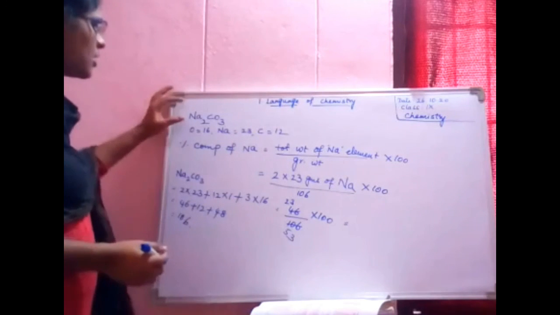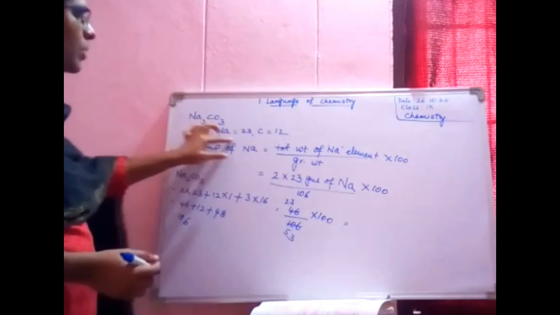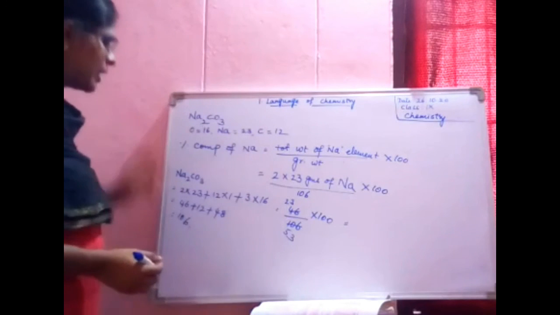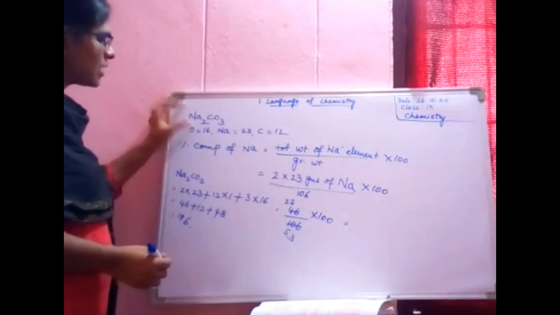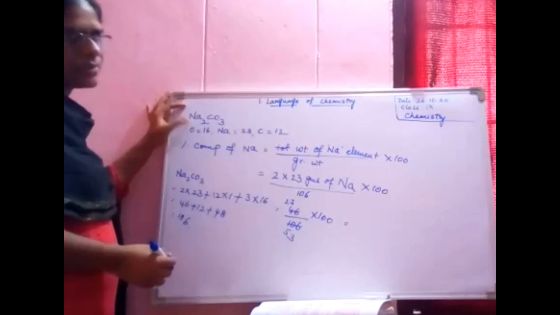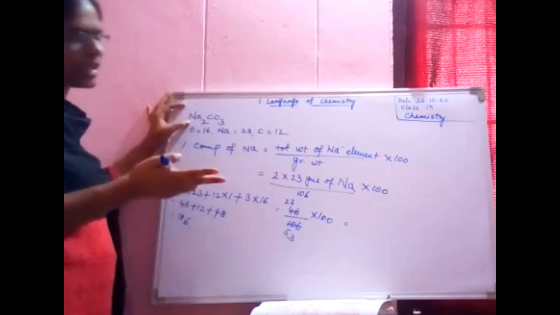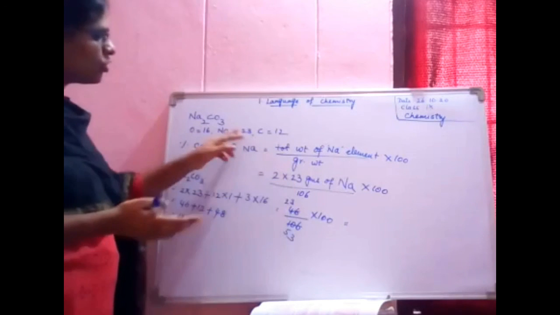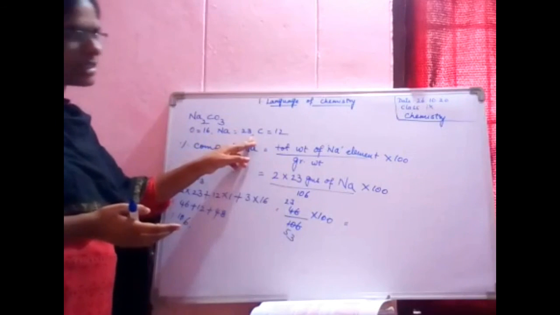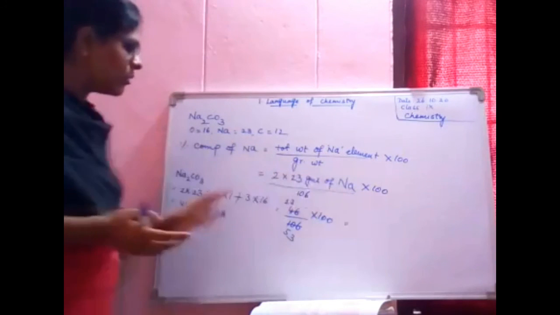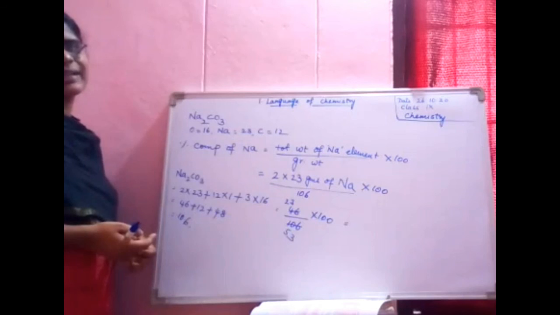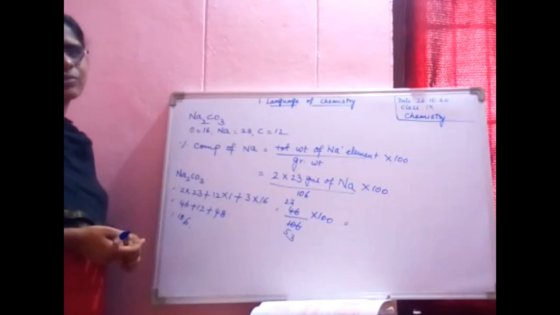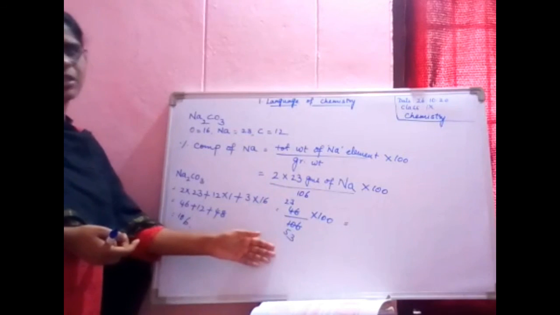Your first step: atomic masses will be given. Find the gram molecular weight and how many atoms there are. If you are finding for sodium, in this I have 2 sodiums. Hence 2 into its atomic mass into 100 by gram molecular weight. If you divide, you will get the percentage value. Okay, do the division here.